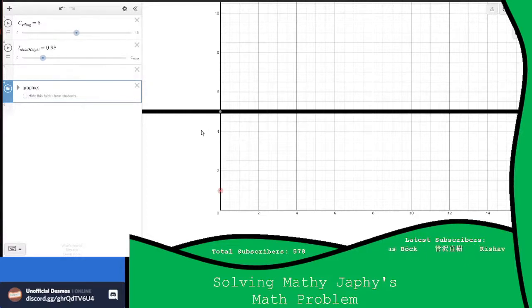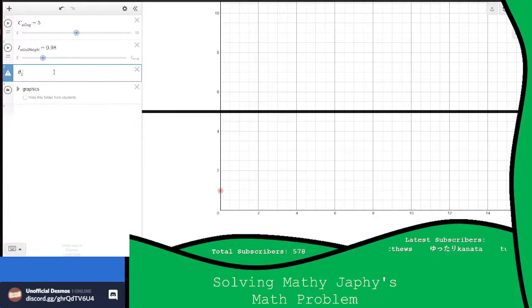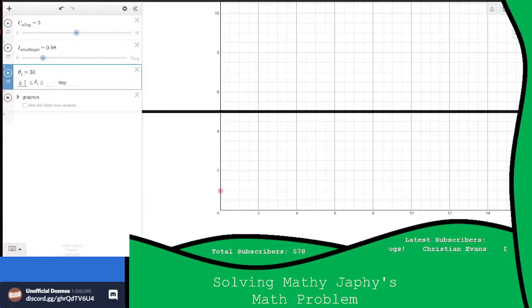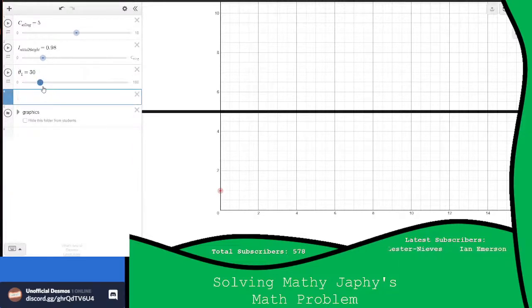Okay, I know how to do this. So take theta. Let's call this theta 1 is equal to, let's say, 30. Are we in degree mode? Okay, I know degrees are cursed, but I'm just used to them. You should use radians.